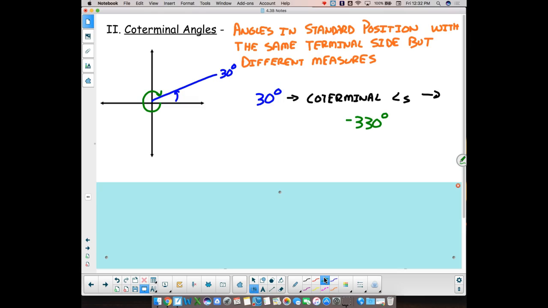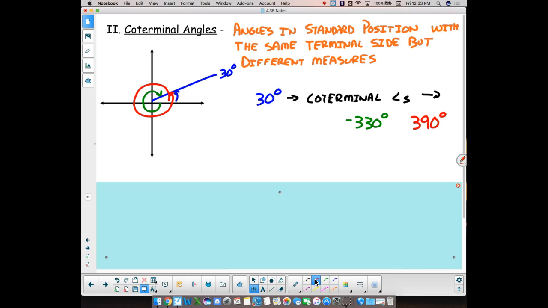Do we agree with 390 degrees? I would start here, I would go all the way around and then end up at the same spot.